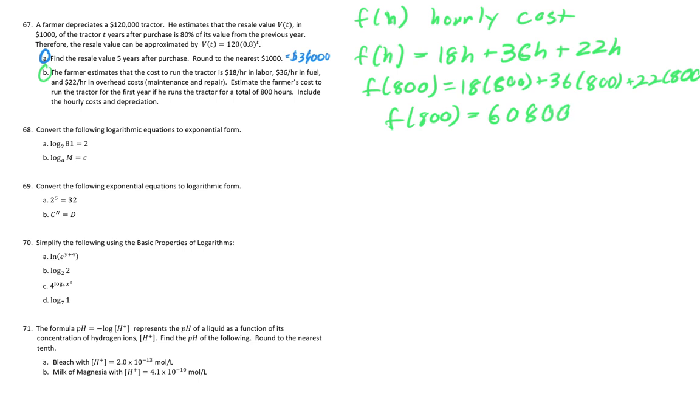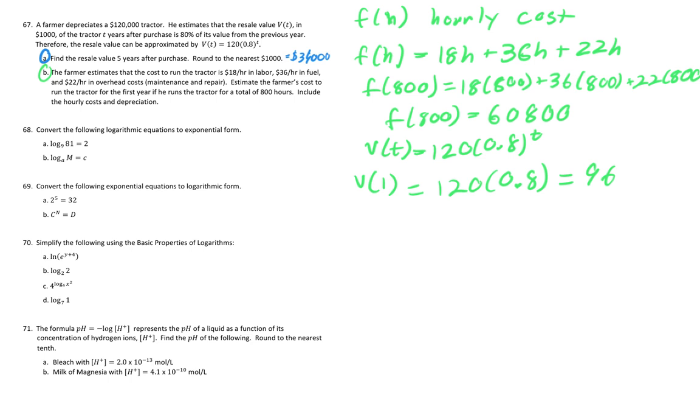So now we need to find out how much it depreciates in that first year. So we can first go back to our resale equation, which we know is V of t is equal to 120 times 0.8 to the power of t. So when t is 1 year, we can say V of 1 is equal to 120 times 0.8, which leaves us with 96,000, obviously, right?